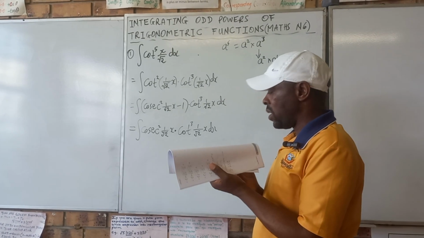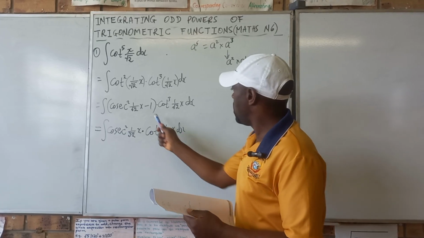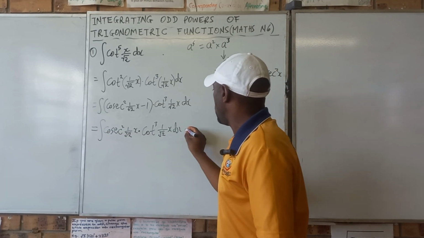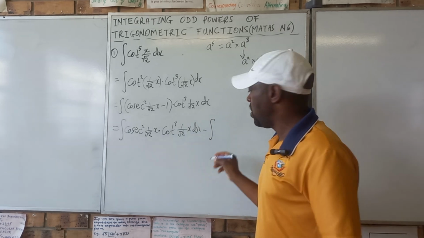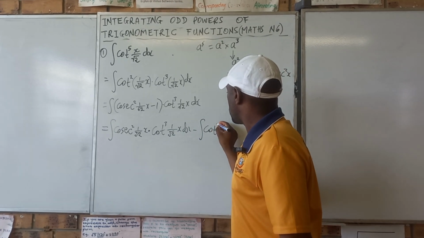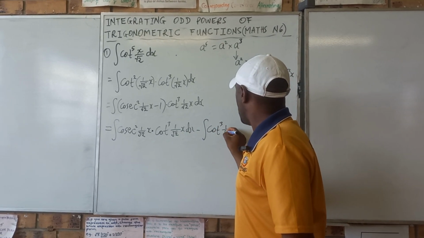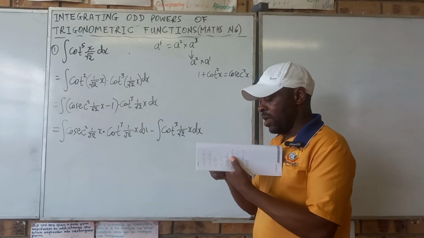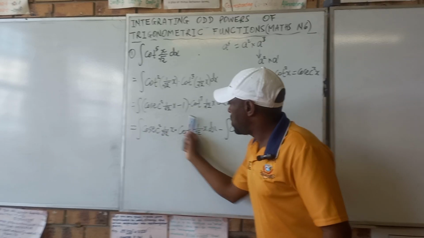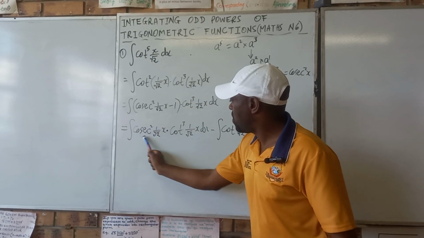That's my first integral, followed by the subtraction sign. Then I get the integral of cot cubed (1 over root 2)x dx. So this one at this stage is now ready for integration because this is a product.